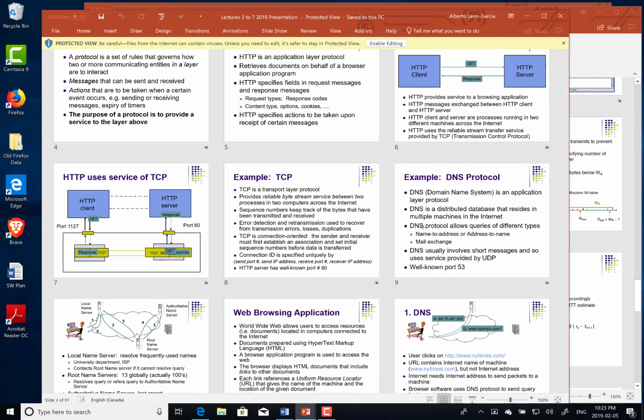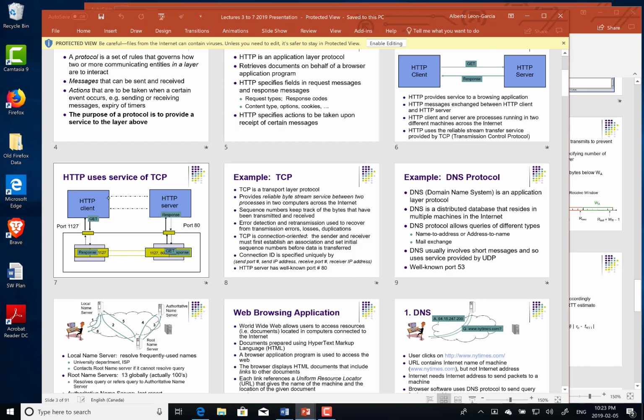Now this appearance of protocols being directly connected, in fact, is not true. They act as if they're connected, but in fact, they use the service of the layer below. And so HTTP uses TCP as the layer below.